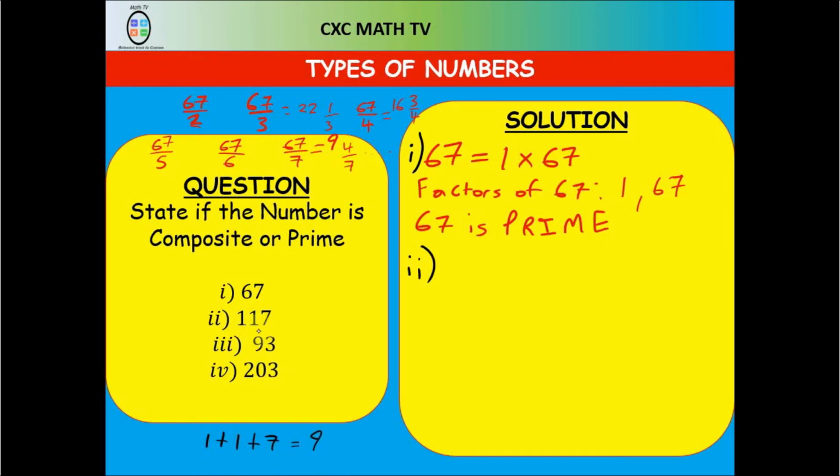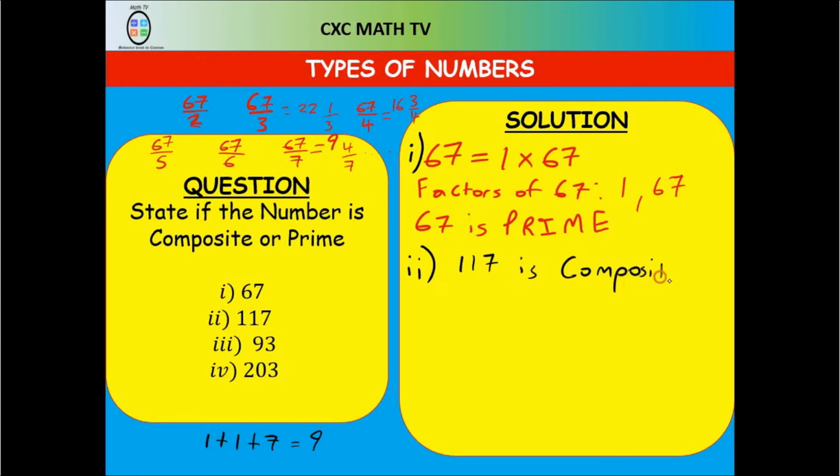So clearly, we realize that 117 can be evenly divided by 3. As I said, another video is coming on that very soon, alright? So just remember, at least when you're able to check if it can be divided evenly by 3. So in that case, we realize 117 is composite.